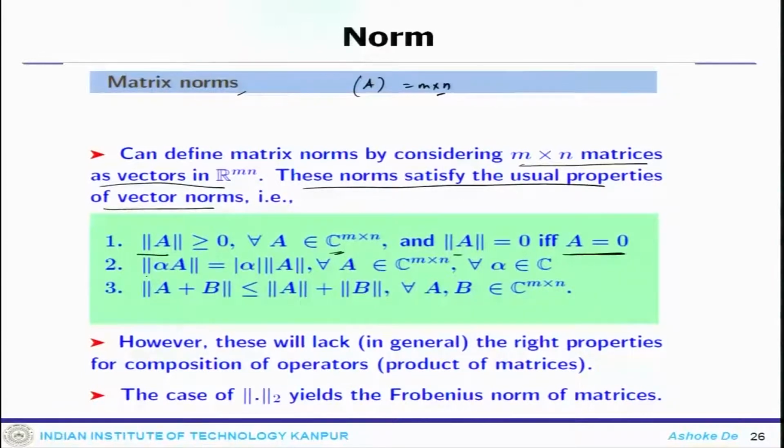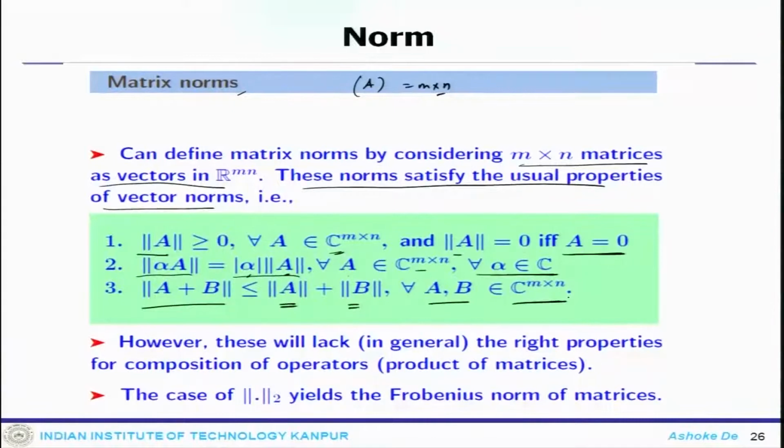Secondly, if you multiply A with a scalar and take the magnitude, it can be equivalently represented as mod alpha times the magnitude of A, for all A belonging to C^mn and all alpha belonging to C. And third, which is an inequality, the magnitude of the addition of these two matrices must be less than or equal to mod A plus mod B, for all A, B belonging to C^mn.